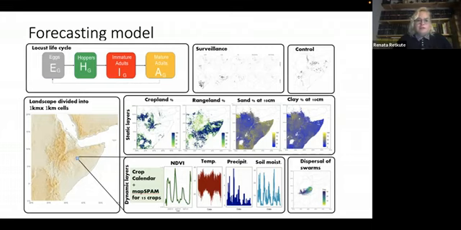It depends on static layers, which don't change, and then dynamic layers, of which a very important one is NDVI, the normalized differential vegetation index, derived from MODIS satellites. I also use precipitation, soil moisture, and of course, Met Office NAME trajectories.